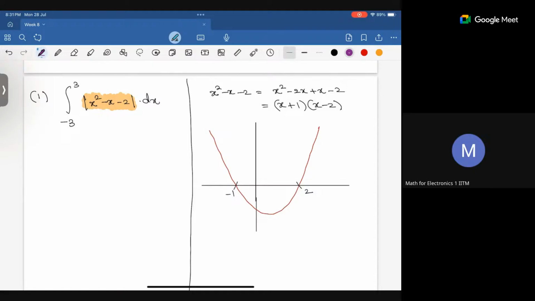So it will not change even if you take the modulus. Whereas from minus 1 to 2, the function is negative. The value of x square minus x minus 2 becomes negative, and when I take the absolute value, it becomes positive. That means within the interval minus 1 to 2, it will have a mirror image of the red curve. So this is how the curve will be.